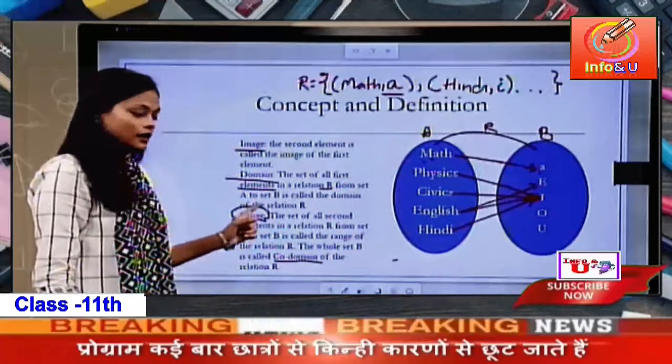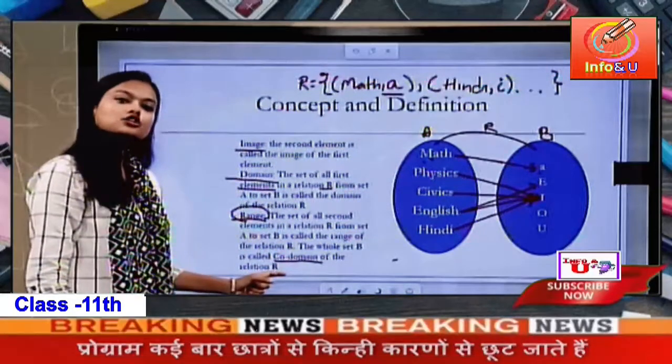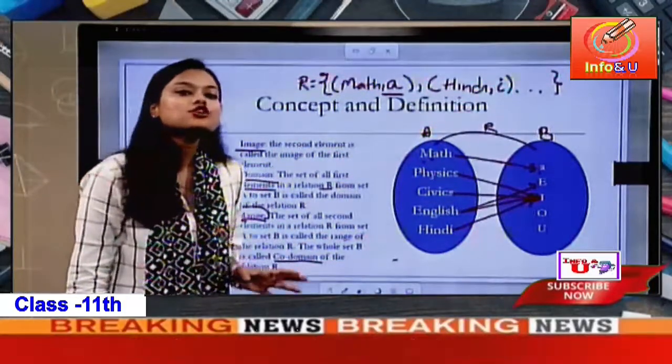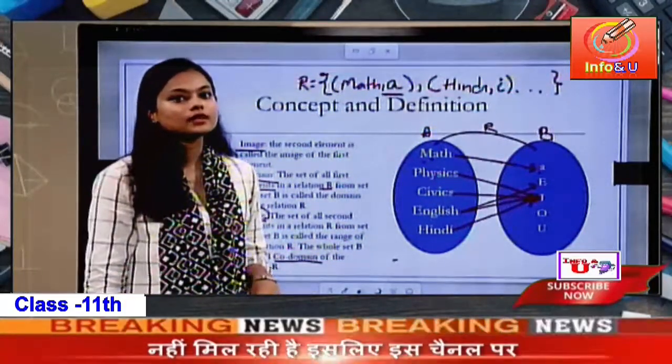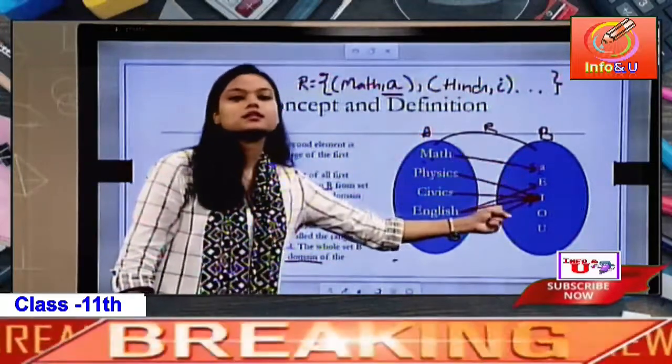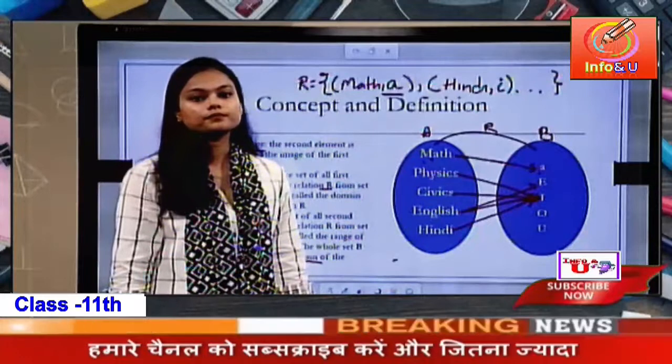Obviously, we can depict the relation between the two, range and codomain. Range is a subset of codomain. It can be the full set B and it can be a proper subset of B as well.